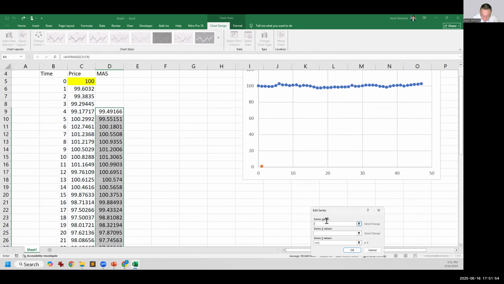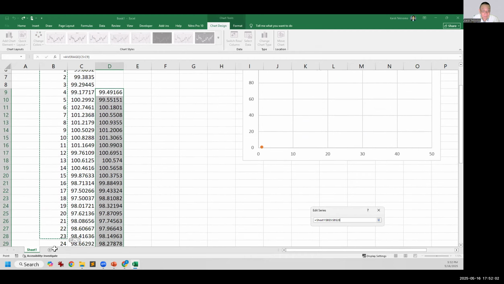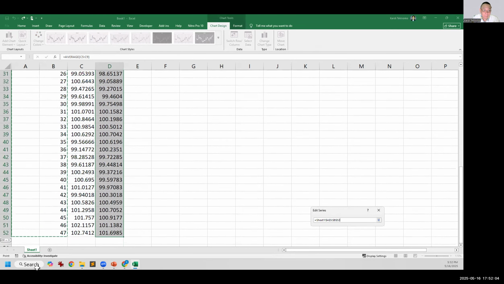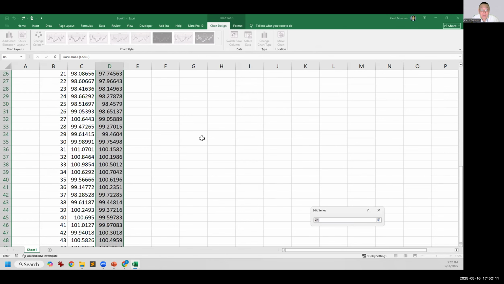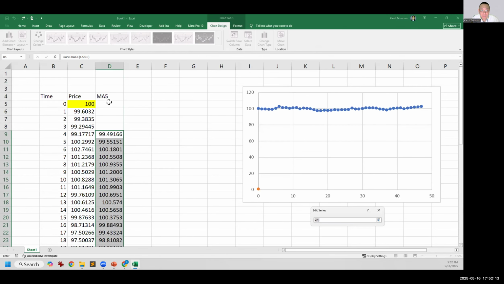This is called MA5. The X is the same, X is still the same. And then for the Y, now you use the moving average.